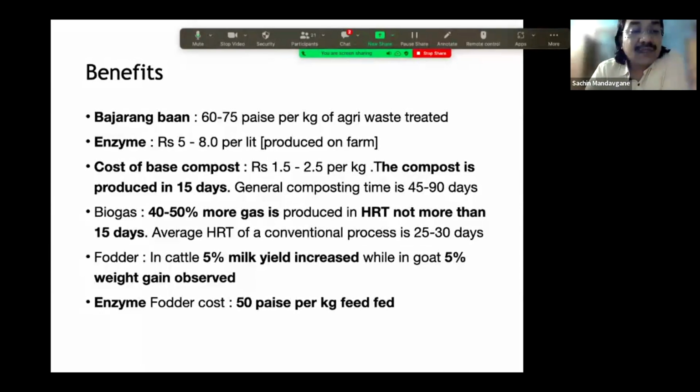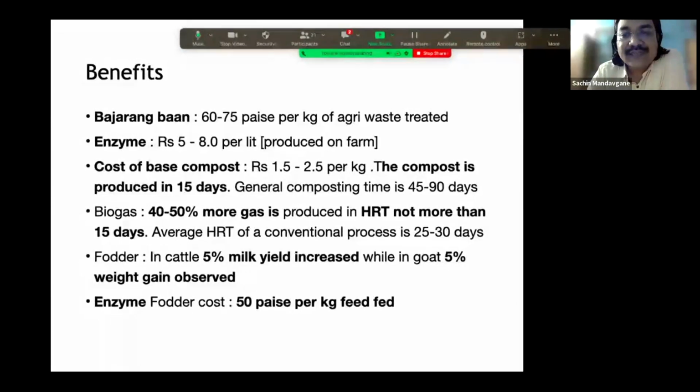That is what enzyme does. As far as the biogas is concerned, as I was mentioning, instead of 5 meter cube of gas, we are getting 8 meter cube of gas. The more gas, around 40 to 50% more gas, and the HRT is less, 15 days to 20 days.